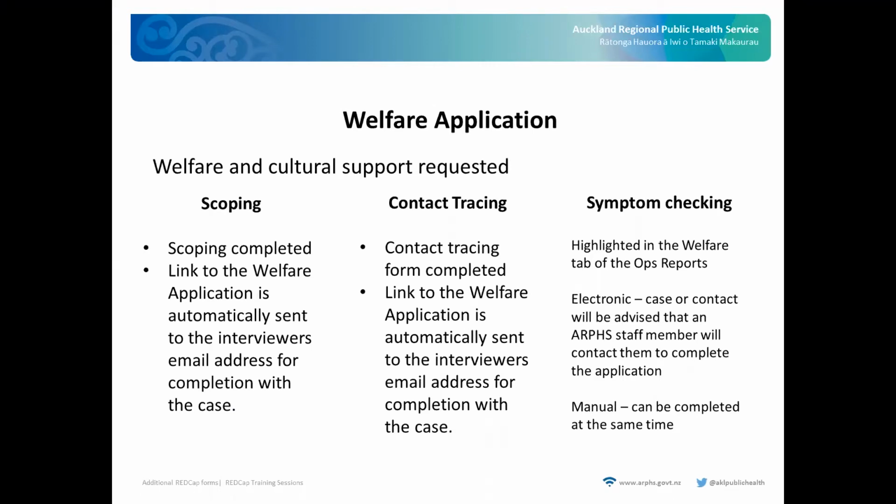And then if someone was to request welfare and cultural support during electronic symptom checking, the case or contact will then be notified that someone from ARFS will be in contact with them to complete the welfare application form with them.